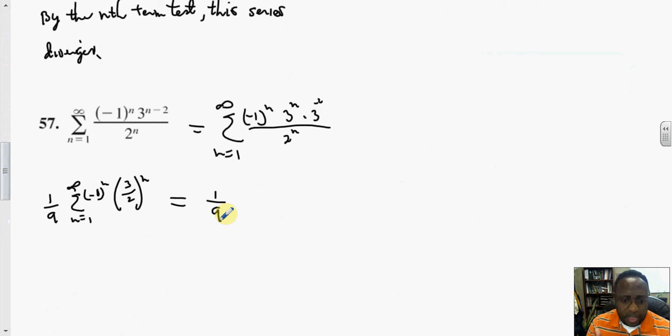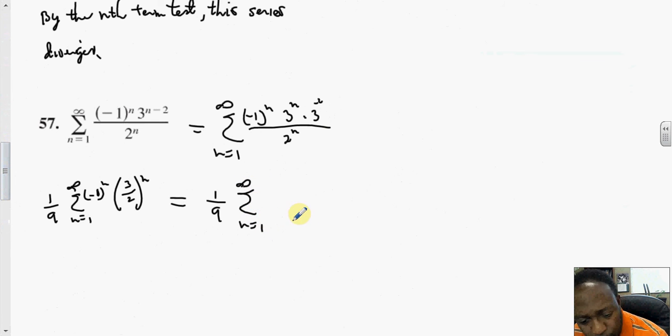Because if not that, you'd have to apply the geometric series and the alternating series test. So here we just apply one. So this is negative 3 over 2. They're both raised to the nth power, so just write it as one term.